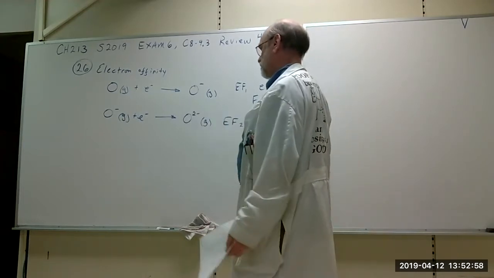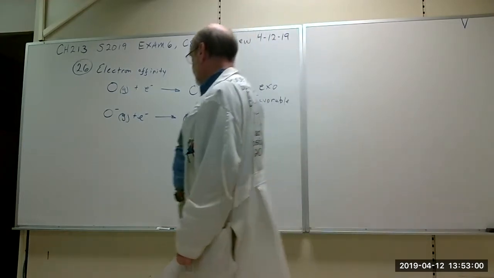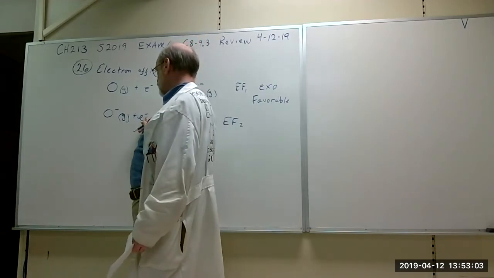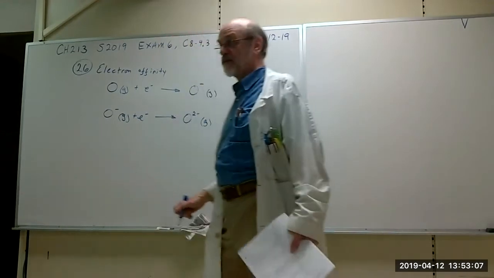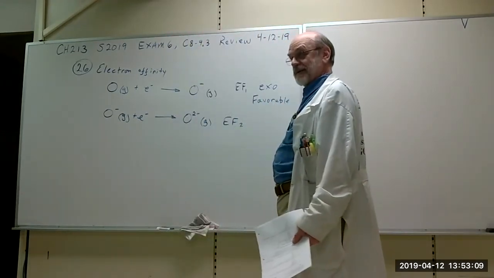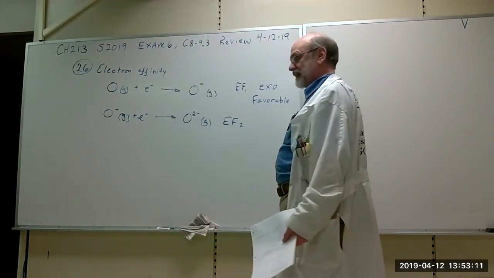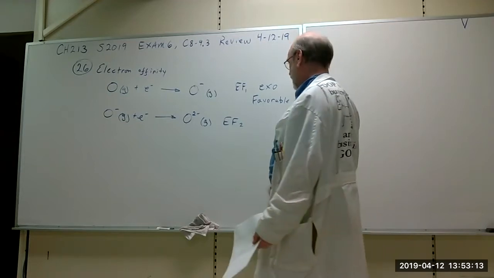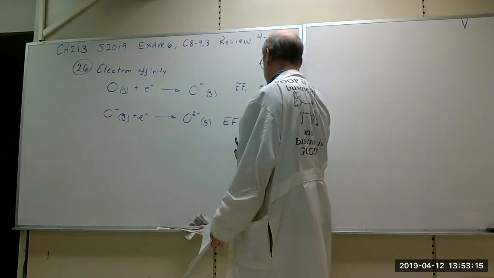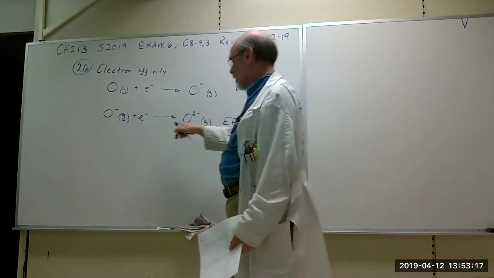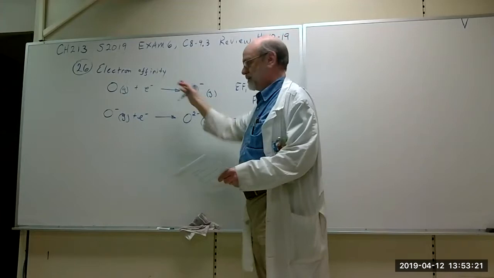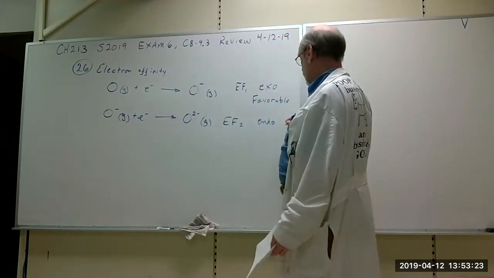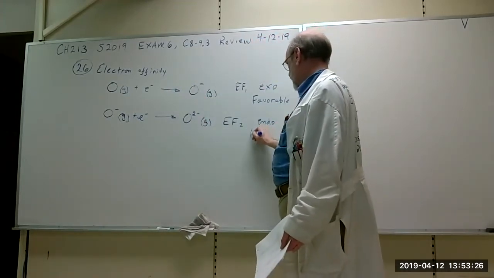So how are we going to get this negative charge electron to associate with that negatively charged oxygen? We're going to have to force it. We're going to have to add energy to make it go there. So that one is endothermic. It does not want to be there as much as this one does. So that's endothermic and unfavorable.